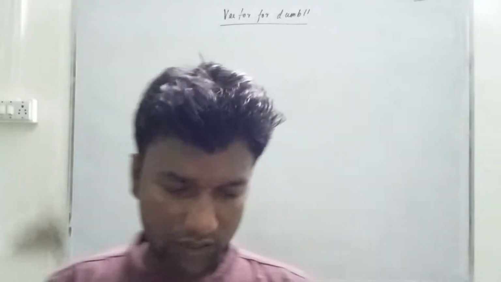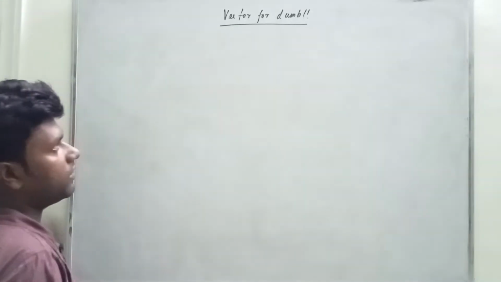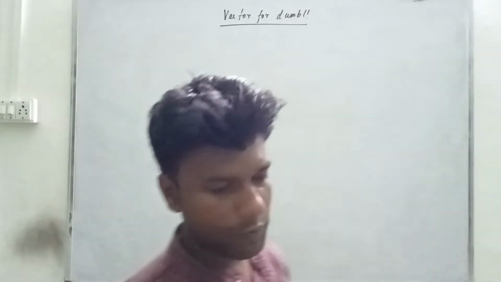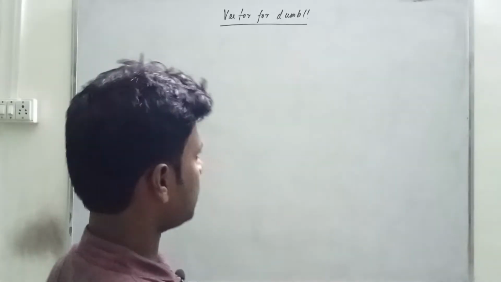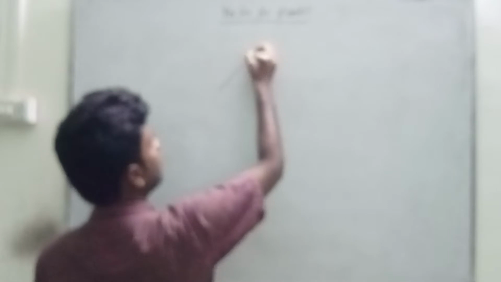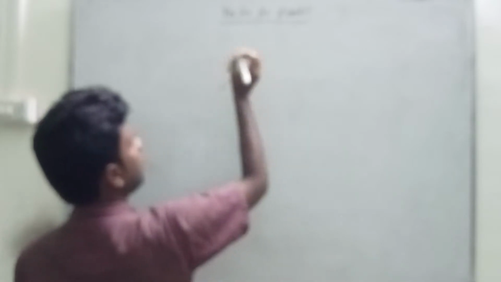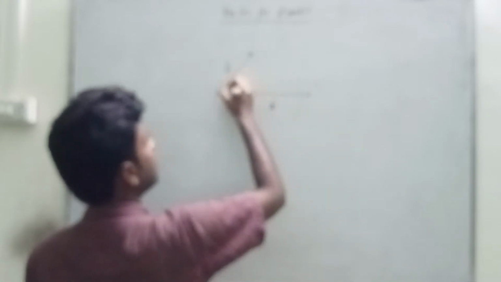The part 6 lecture is the geometrical representation of the dot product. It is a very simple thing. If you have a vector like A and a vector like B, and theta, the angle in between A and B, right?